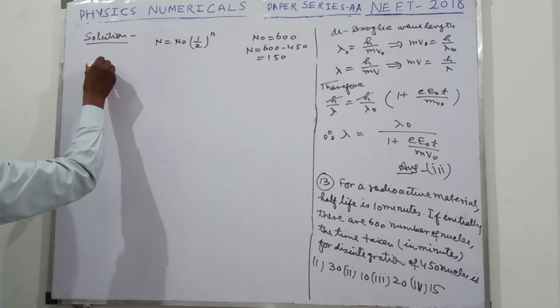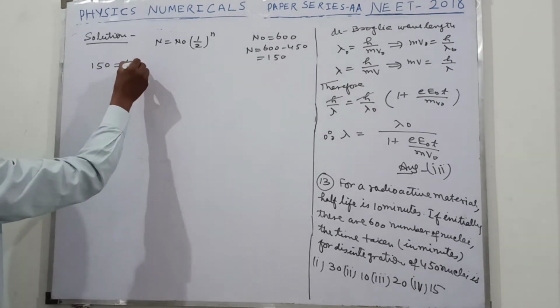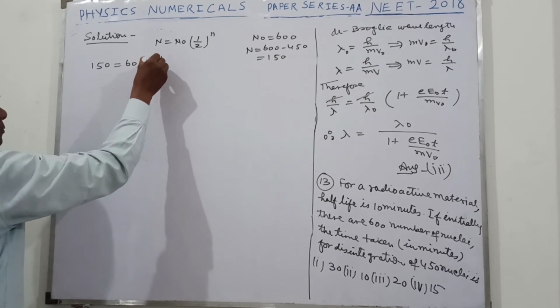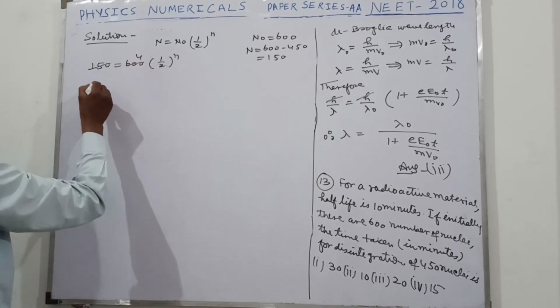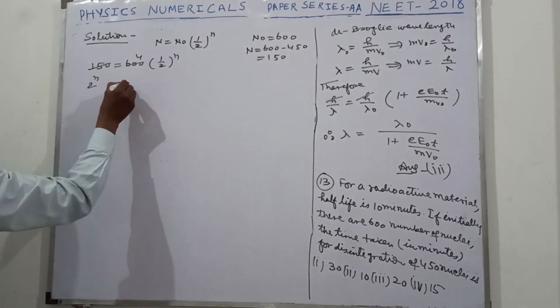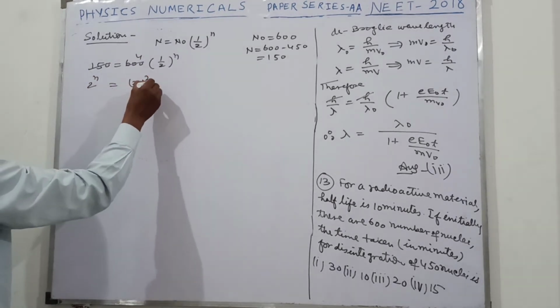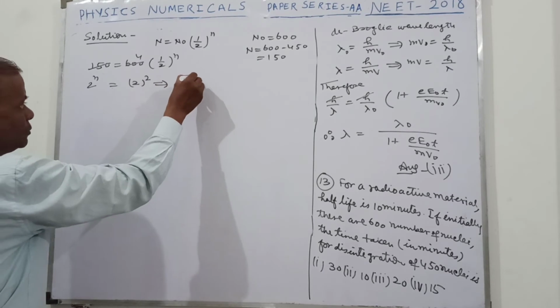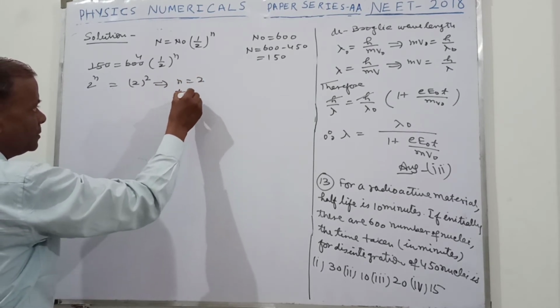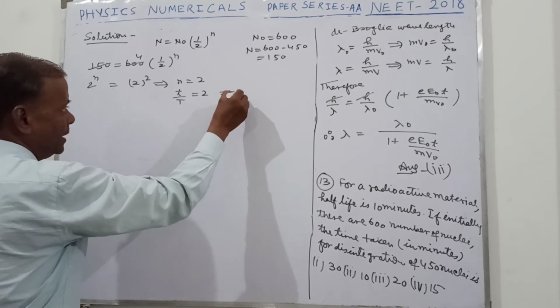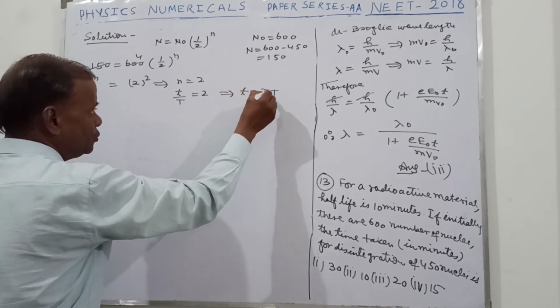So 150 equal to 600 into 1 by 2 raised to power n. This will cancel by 4. So 2 raised to power n equal to 2 square. So n is equal to 2. So n is the time t upon the half-life, so t is equal to 2 times the half-life.